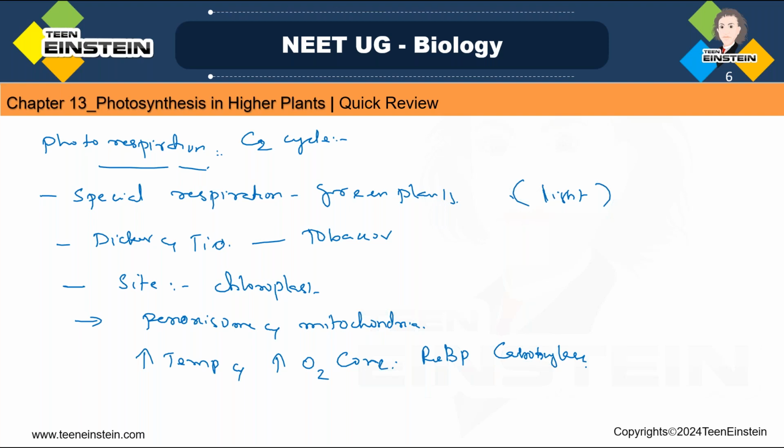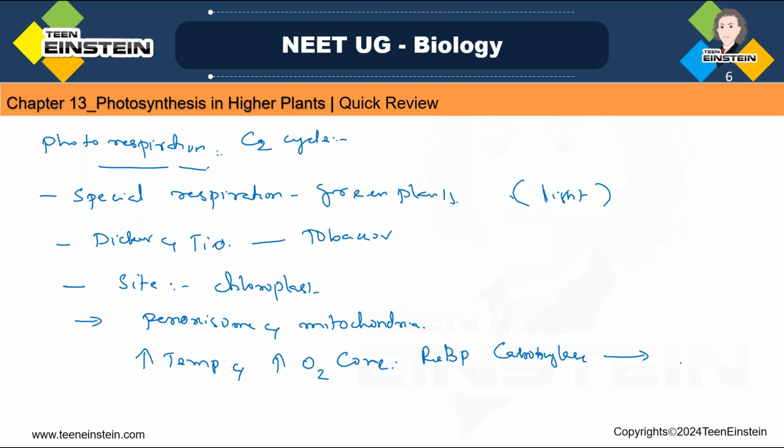RUBP carboxylase works as oxygenase, and instead of fixing carbon dioxide, it is oxidizing ribulose 1,5 biphosphate. So here carbon fixation is not taking place.